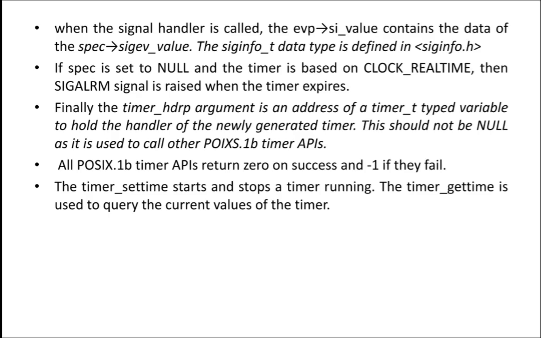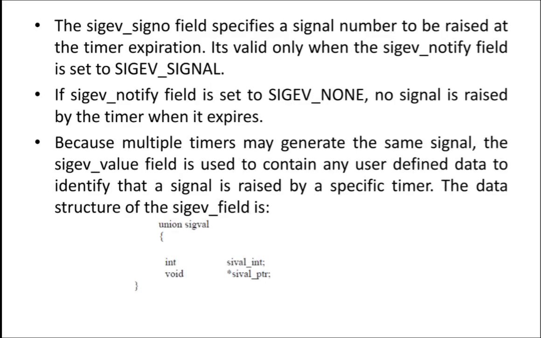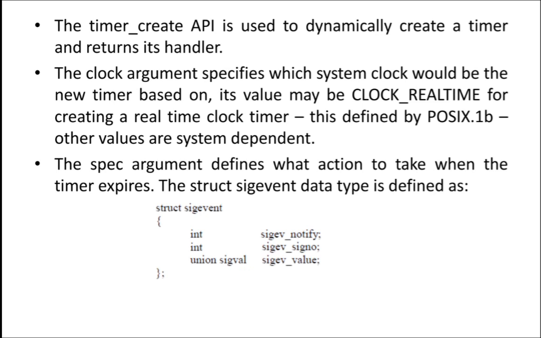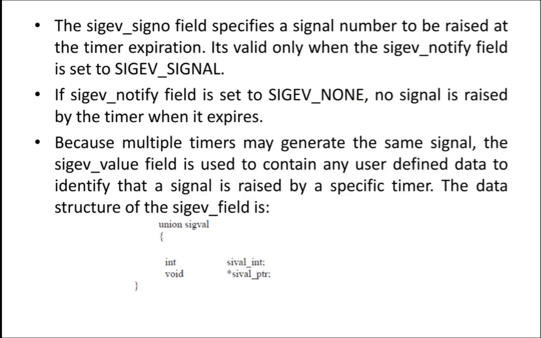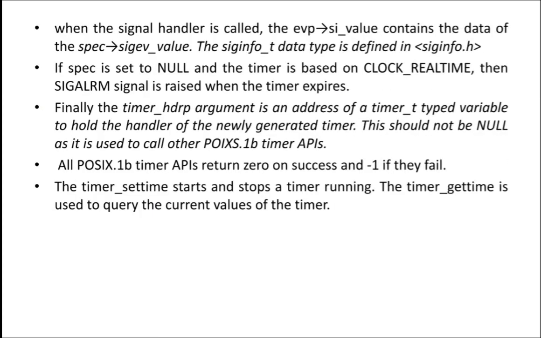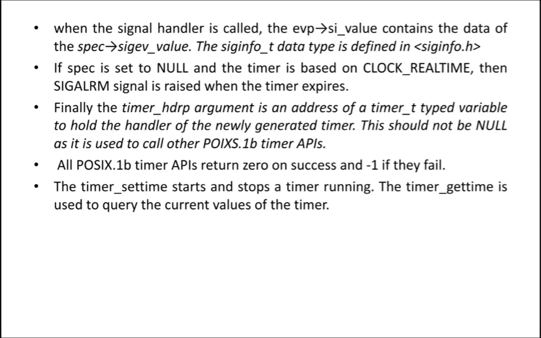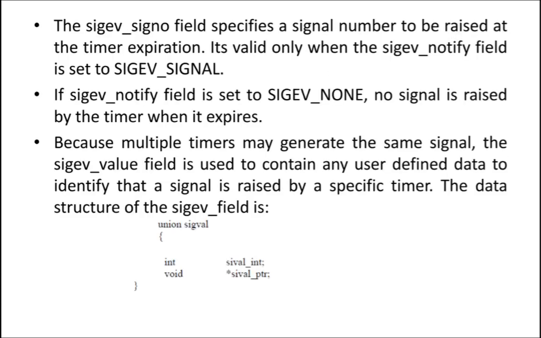Finally, the timerid argument, right? Don't get confused here. You know that to send the SIGALRM signal you are going to use the specification. Next, why are you going to use the timerid argument? It is the last argument here.